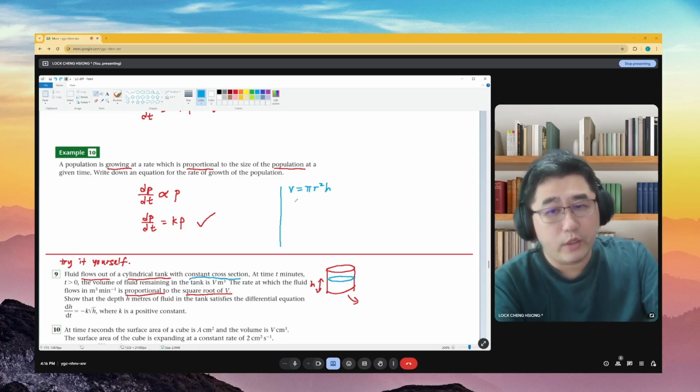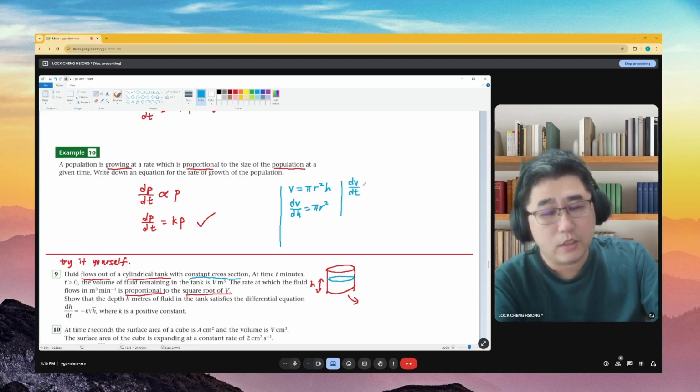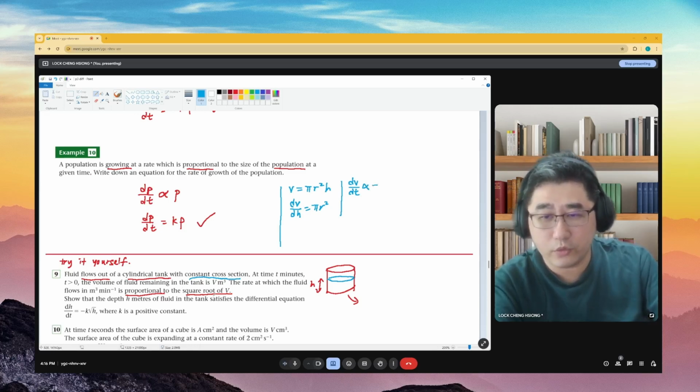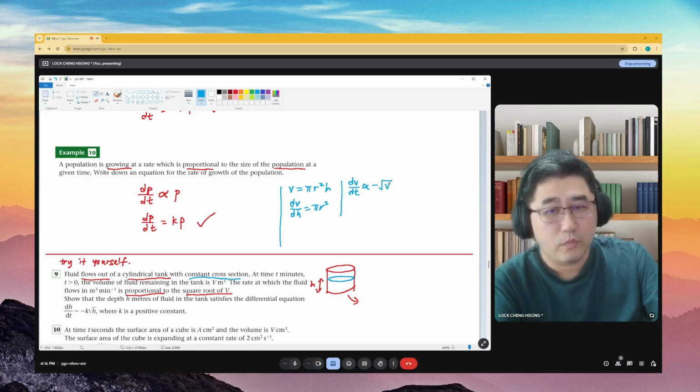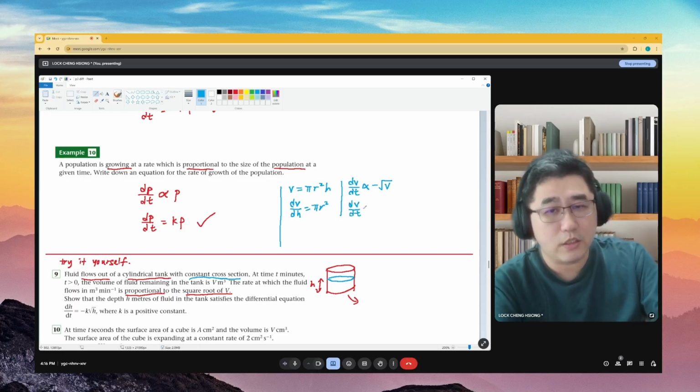Therefore, over here I will have dV/dh equals pi r squared, because this is a number. Number 2, I have flowing out. dV/dt is proportional to negative square root of V. It says square root V. Negative because it's flowing out, getting less and less. So dV/dt equals negative k square root V.